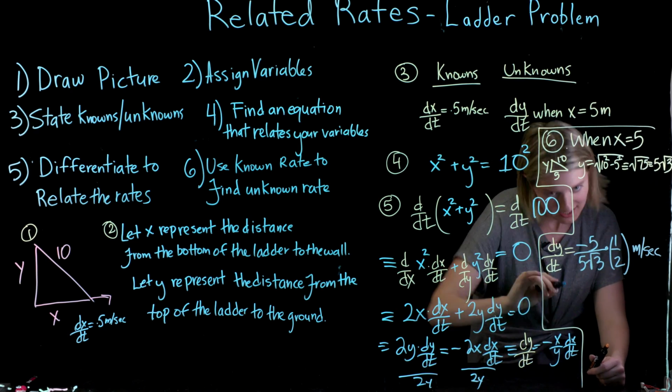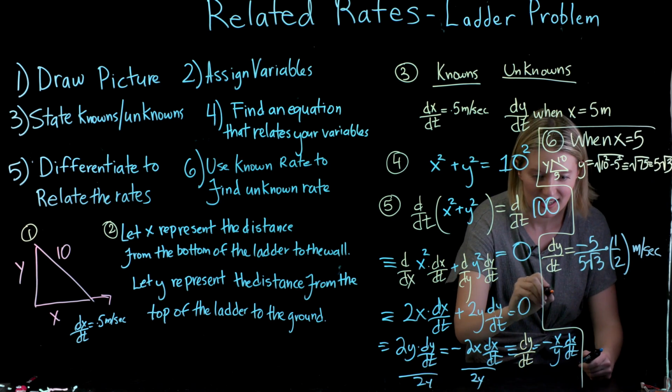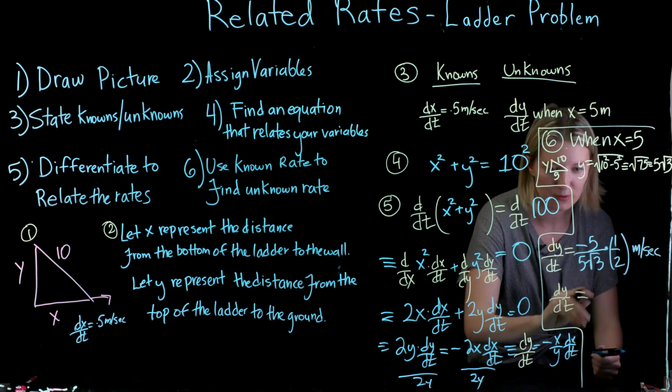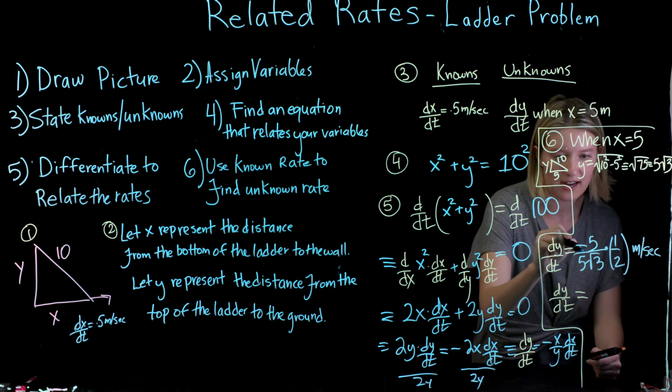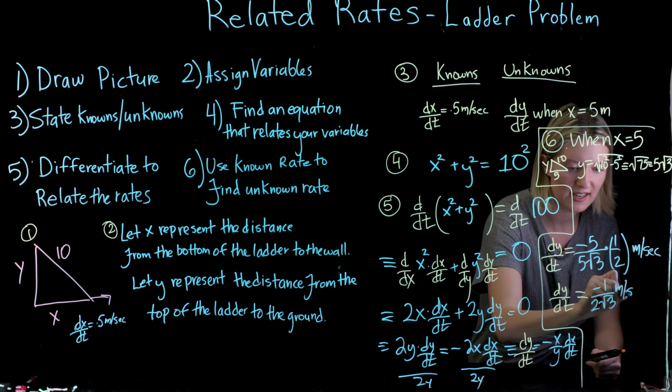And if I'm doing my arithmetic correctly, I should get dy over dt is equal to, these 5s can cancel out, so I should have negative 1 over 2 root 3 meters per second.